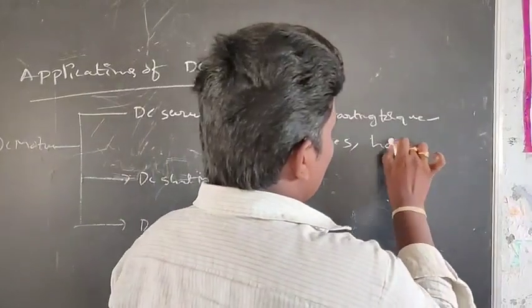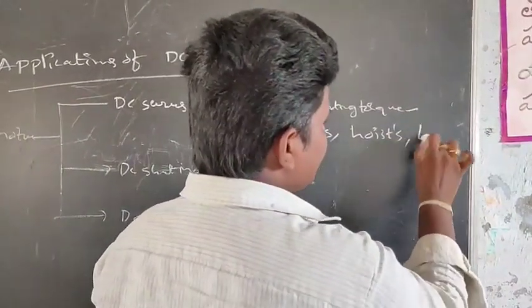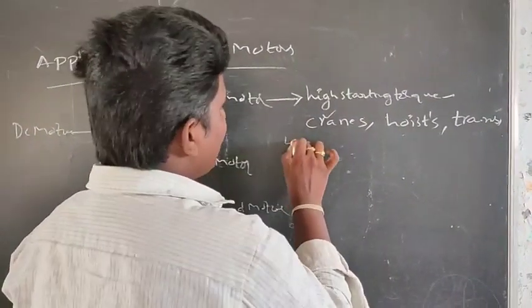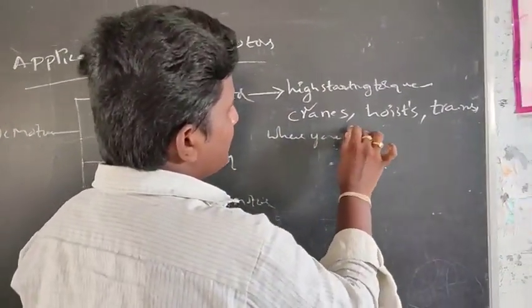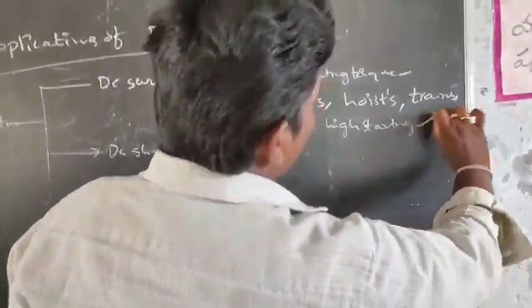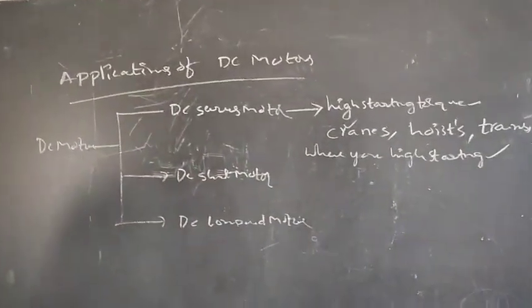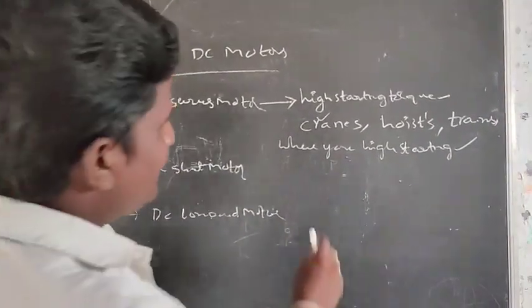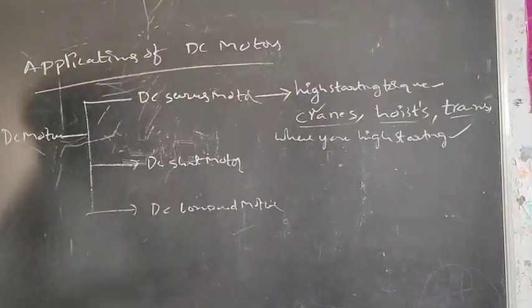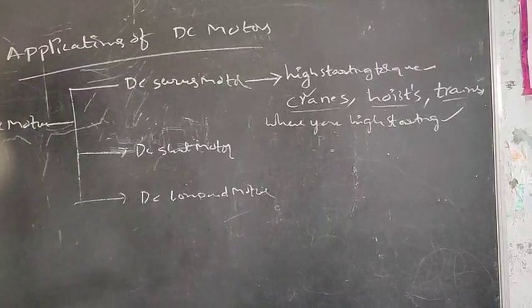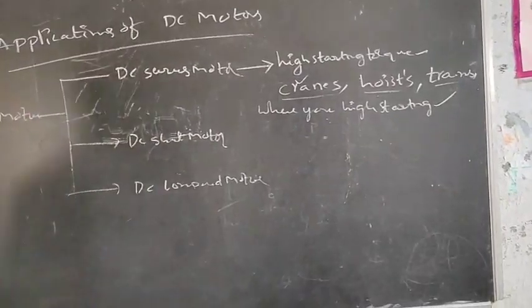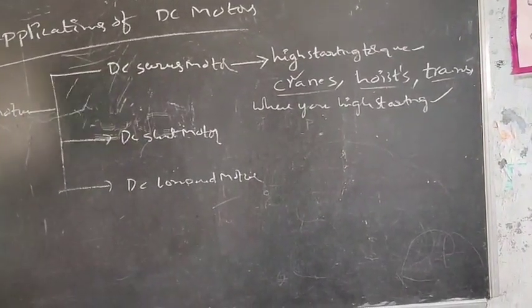Cranes, hoists, trains, lifts, elevators, and so on. Wherever you want high starting torque with DC supply, we can go for the DC series motor.